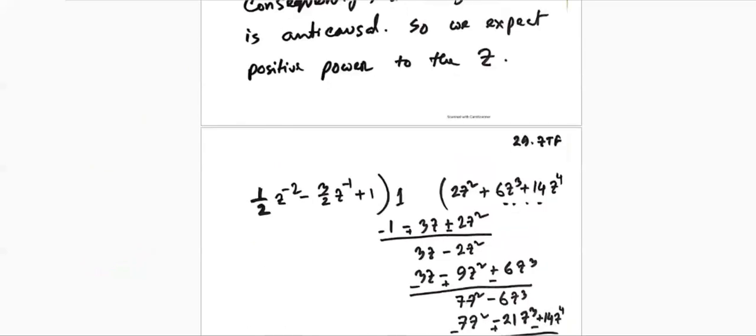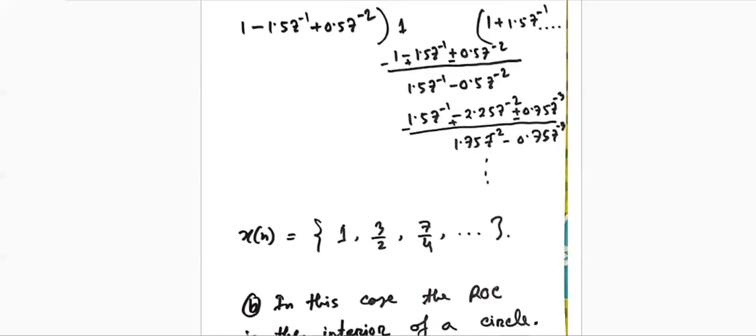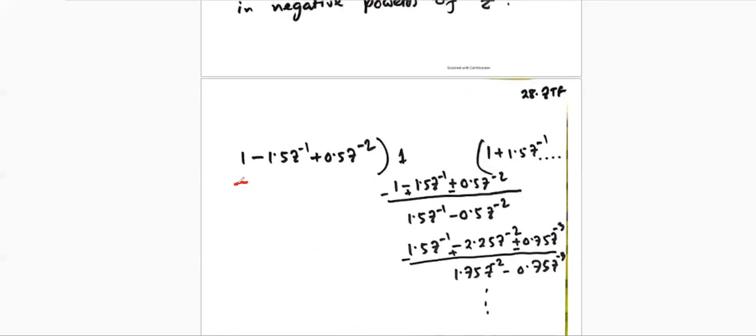What is the trick? If you compare with the previous example, with this example we have written like this. In the second case, we swap it in a way that the highest negative power should come first, then the second one, and then the third.